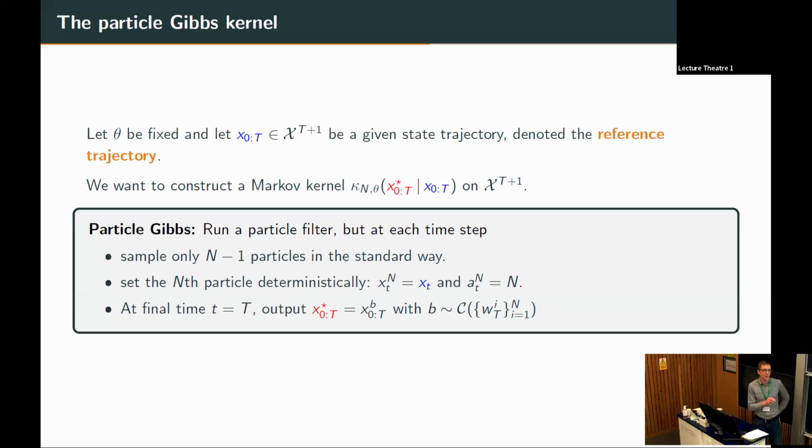If I look at the genealogy, I would follow that reference trajectory at any time point. So I run this conditional particle filter up until the final time point, capital T. And then I proceed as in the conditional importance sampler. I generate this value B, a categorical variable with probabilities given by these final importance weights. And then I trace the genealogy of that trajectory, and that gives me my output x star.